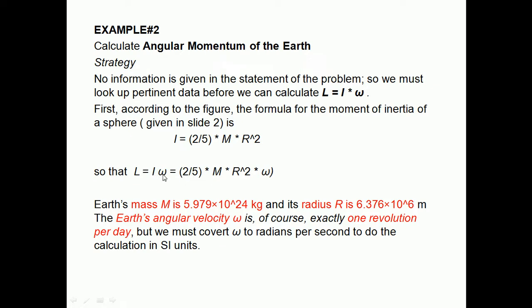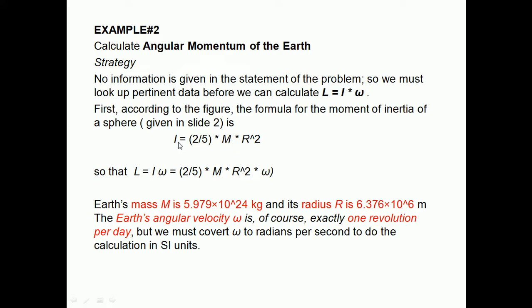For this one we will be finding the value of the moment of inertia first. Now we know that we can calculate the angular momentum. First we calculate the angular momentum, which is, as we discussed, the moment of inertia multiplied by the angular velocity. In slide number 2, we already gave how to find the moment of inertia of different shapes.